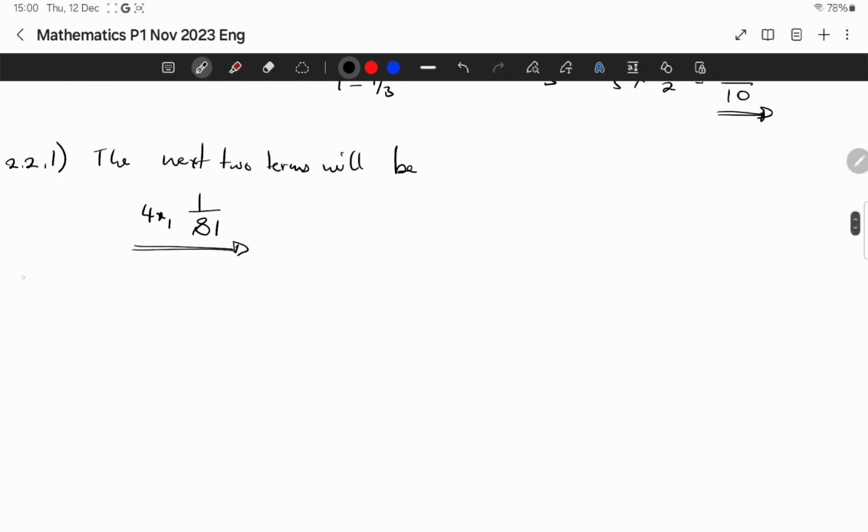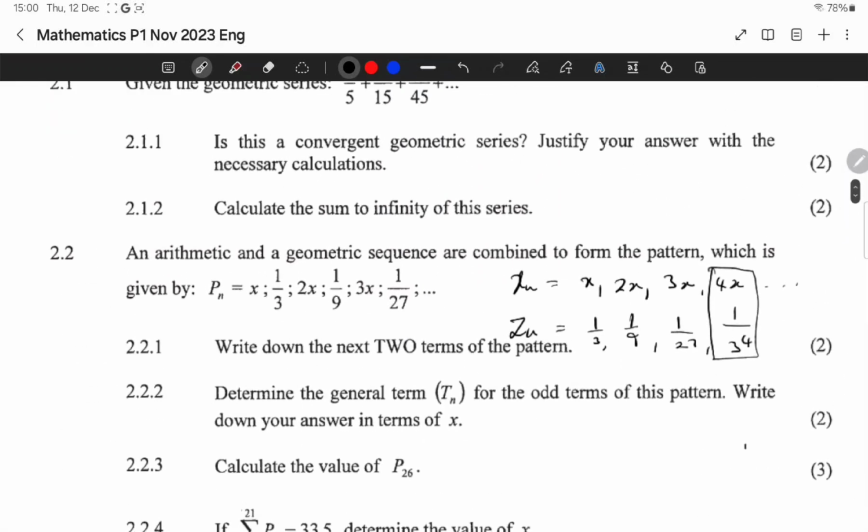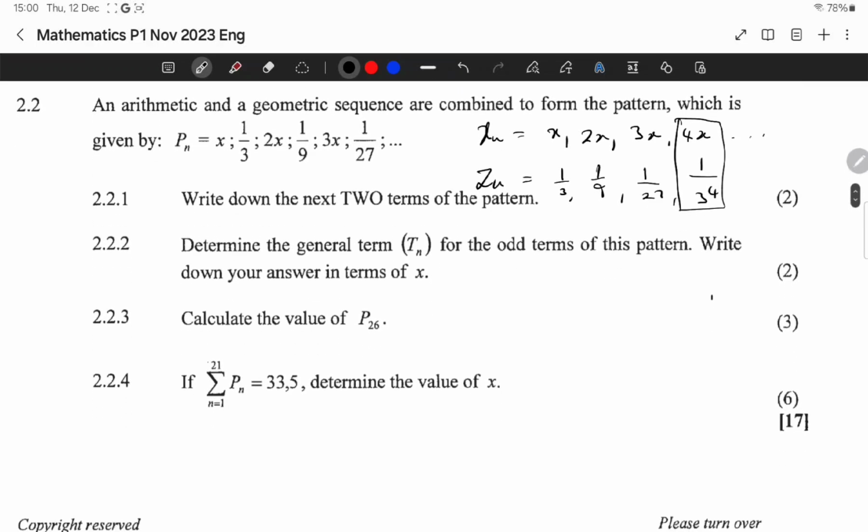Then move on to the next question, 2.22. The question is, determine the general term Tn for the odd terms of this pattern. Write down your answer in terms of x.